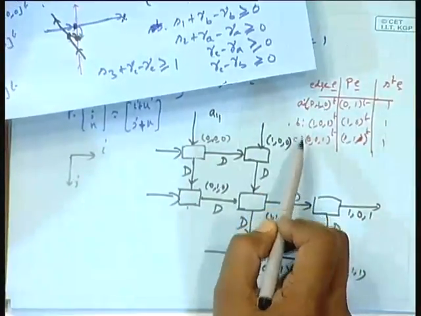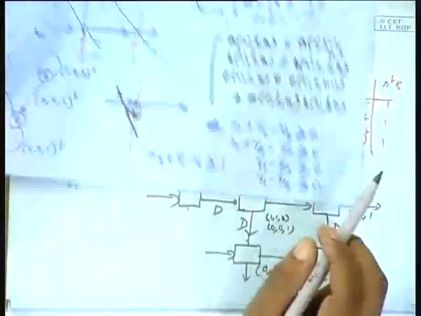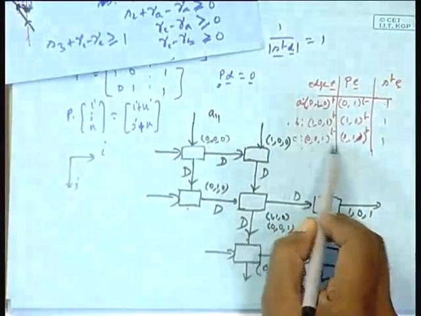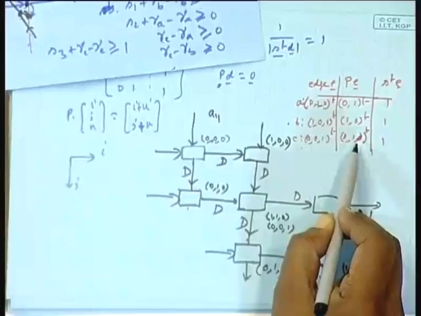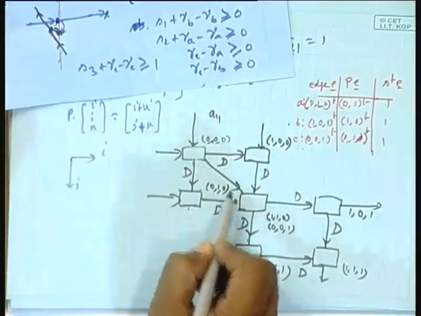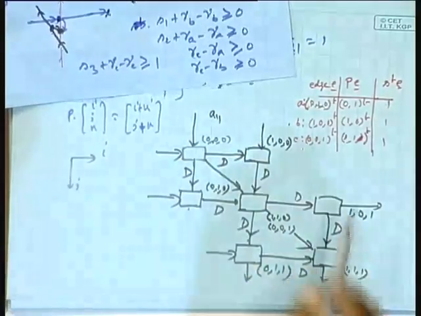I finished with A and B. C, I have to consider 0 0 1. That was corresponding to the vertical ones. C. This one, this one, this one, this one. P times that edge is 1 1. 1 1 is this direction. And again, that has a delay.